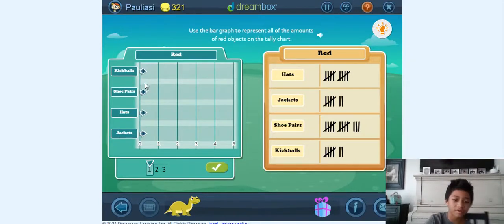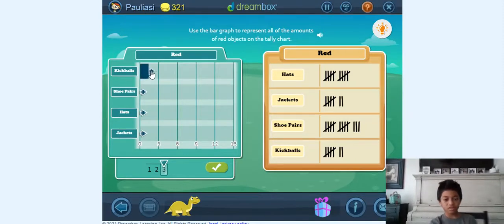How many kickballs are there? So 10. So how many kickballs? No, we can't do this. So let's go to the third one. So there are 10 hats.